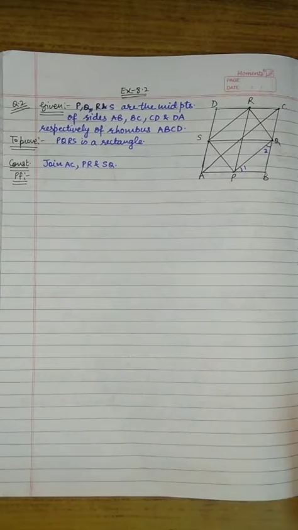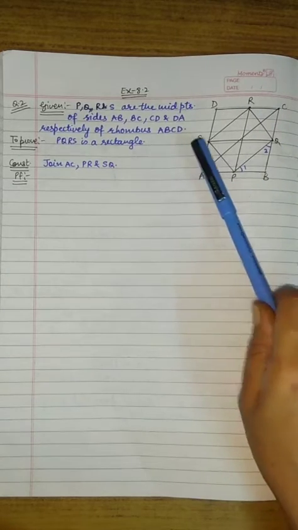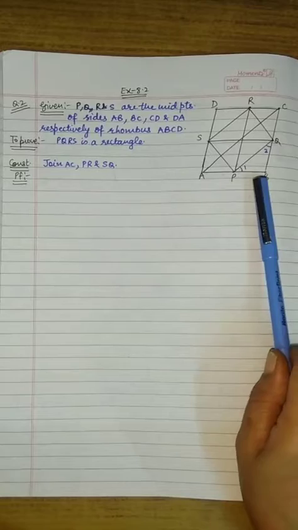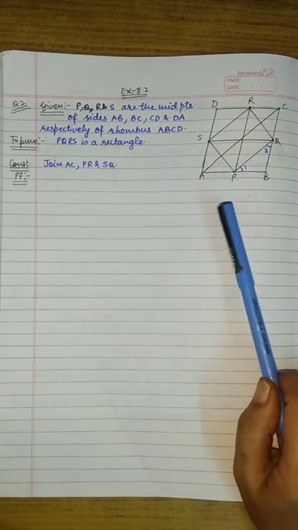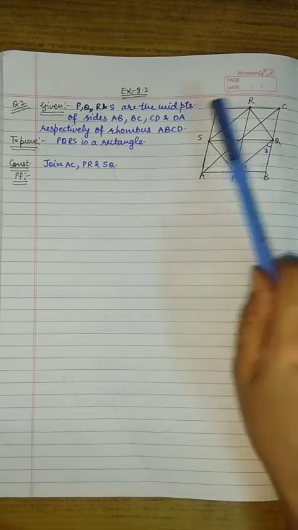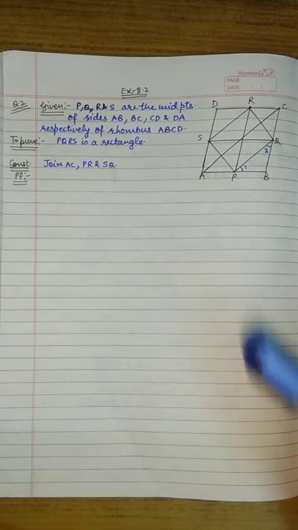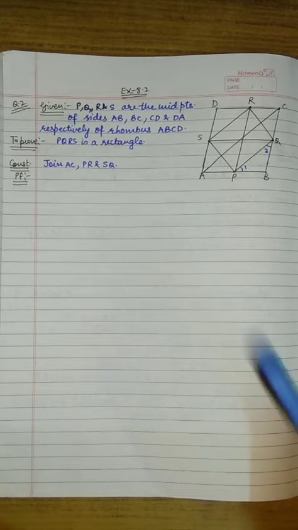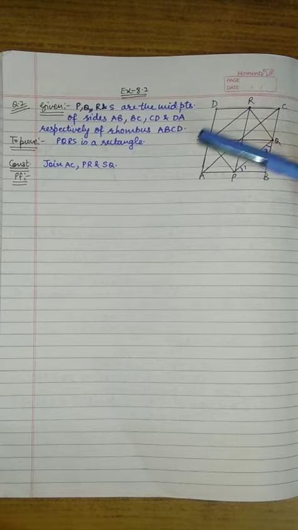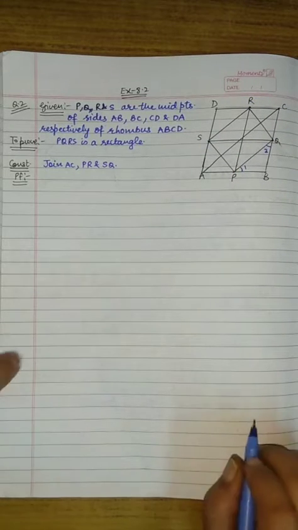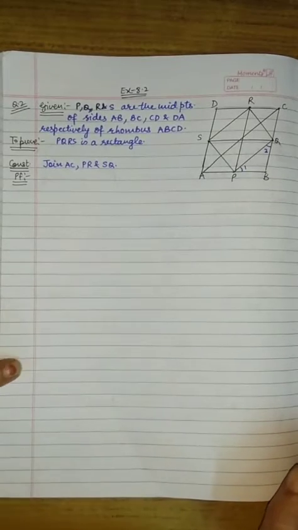Question number 2 from exercise 8.2: we are given P, Q, R, S are the midpoints of sides AB, BC, CD and DA respectively of rhombus ABCD, and we have to prove that PQRS is a rectangle. So join diagonal AC, then P, R and S, Q. Then first of all we will prove that PQRS is a parallelogram.